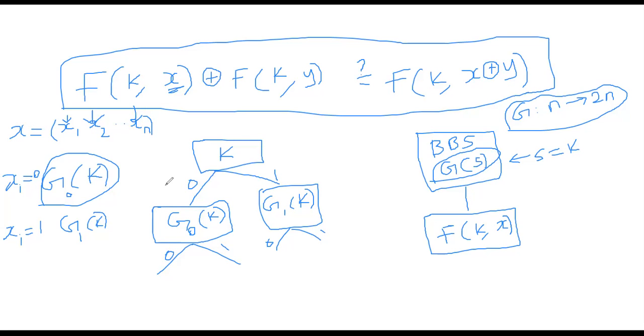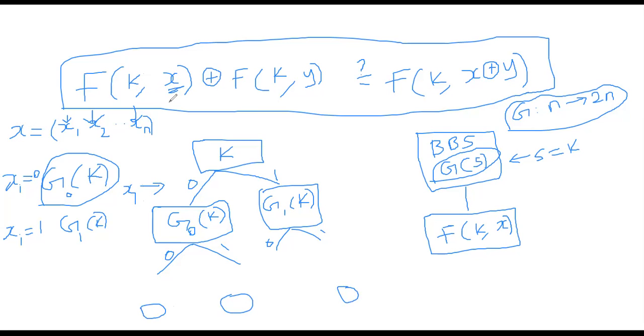This level corresponds to the x1 decision, this is used for x2, and so on. So you have a large tree, and the leaf nodes give us the concrete value for our function f when we call it with the key k and x as inputs.